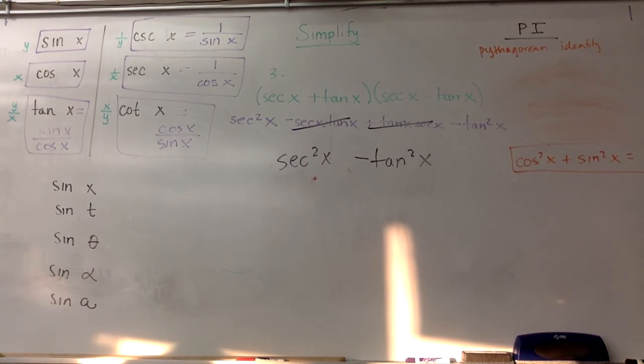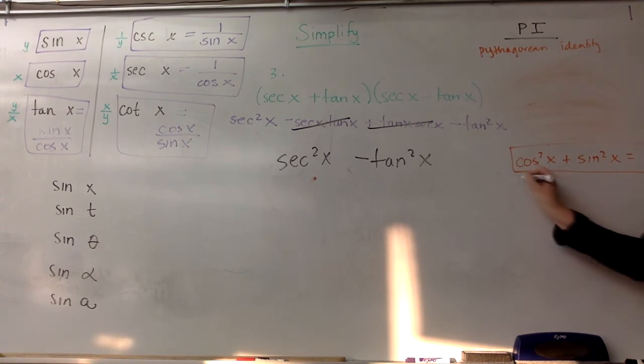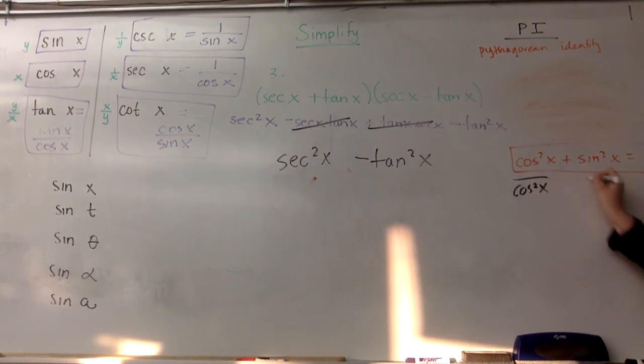All right, sad to say we are not done with this problem. Here's the reason why. There are 3 Pythagorean identities. The basic one is cosine squared plus sine squared equals 1. If I take each one of these terms and divide them by cosine squared x, what is cosine over cosine? 1.